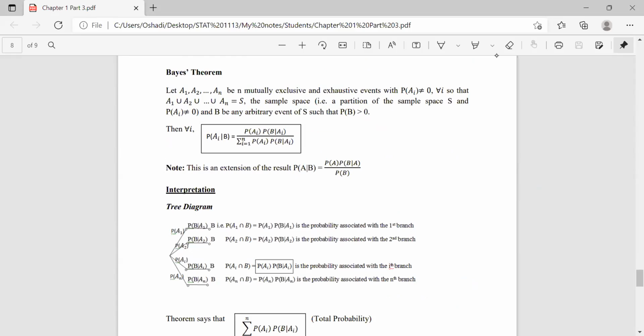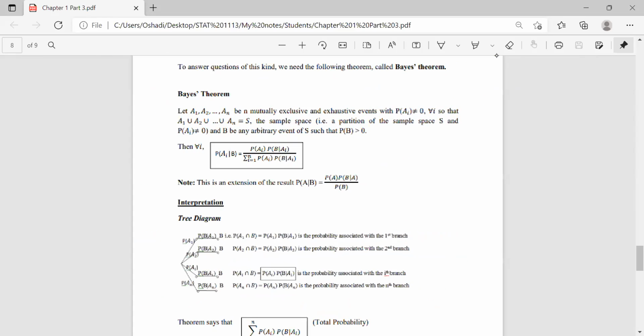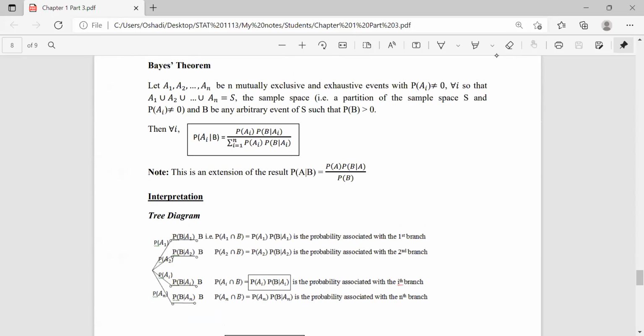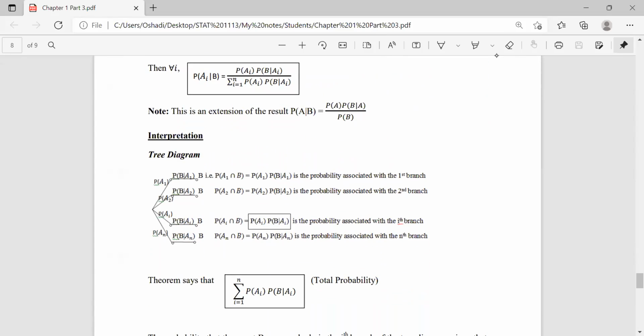In the earlier case of conditional probability, we discussed where the sample space has not been partitioned, but here the sample space has been partitioned, right? That is the interpretation. I think now you have the idea, but it is clearer when explained by the tree diagram.